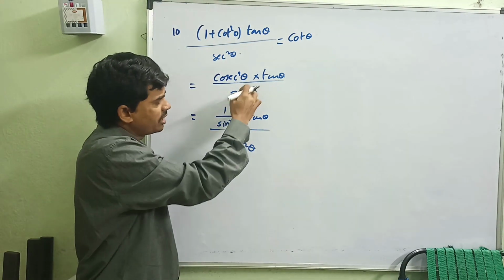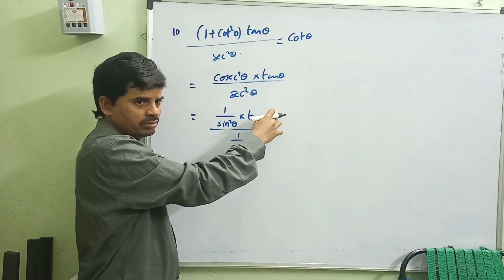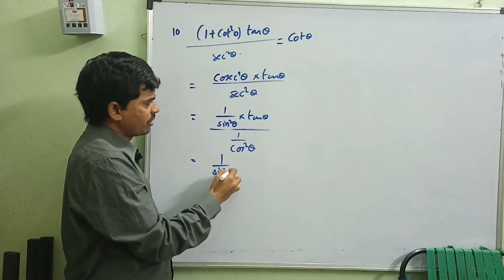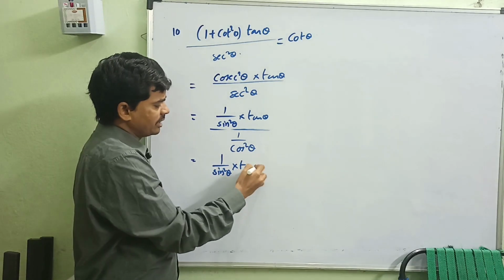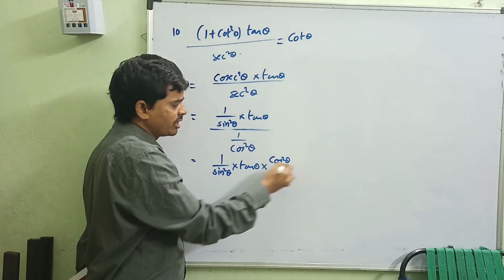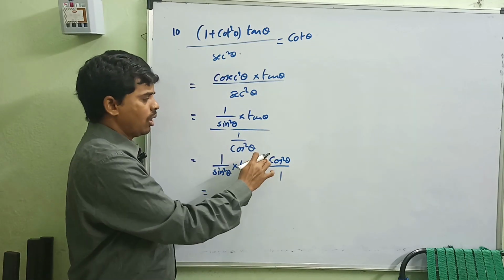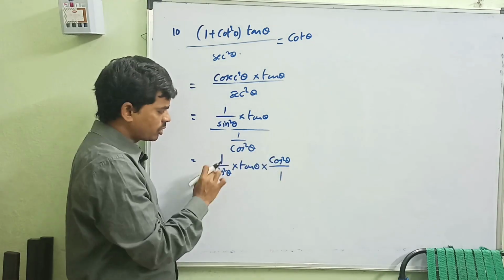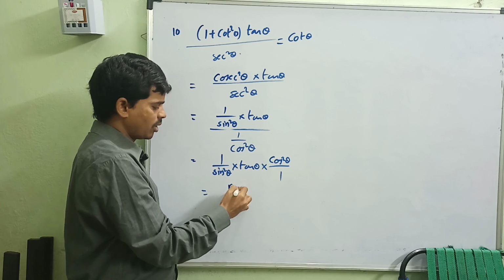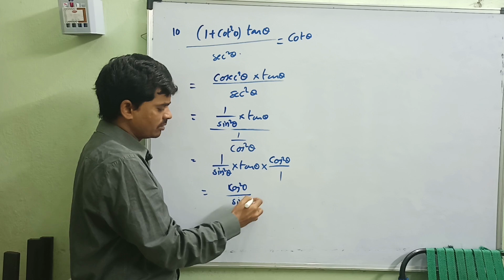By that, the denominator we can write as multiplication into the numerator. So 1 by sin square theta into tan theta into cos square theta by 1. Cos square by sin square, these both you write at one place.